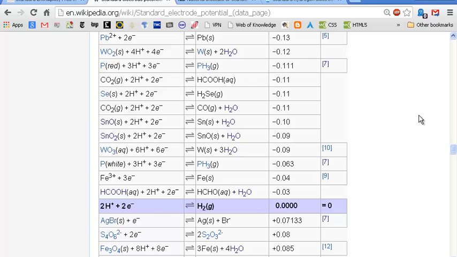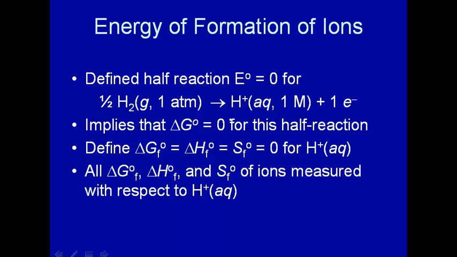Really got to get a new computer. There it is. So E0, this is a table for standard reduction potentials, and we have, not arbitrarily, but by convention, set the standard reduction potential for hydrogen to be 0. And as we said, the standard free energy, enthalpy, and entropy of ions are all measured with respect to H plus aqueous, which we're defining to be 0.